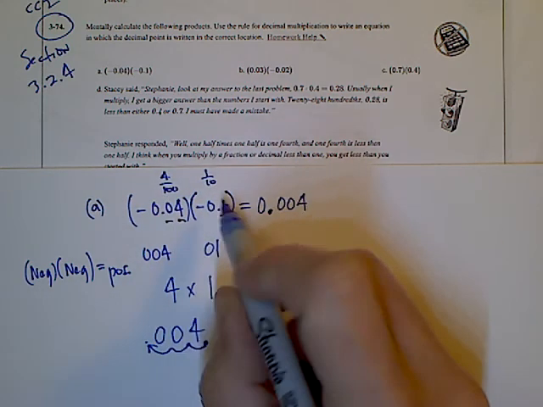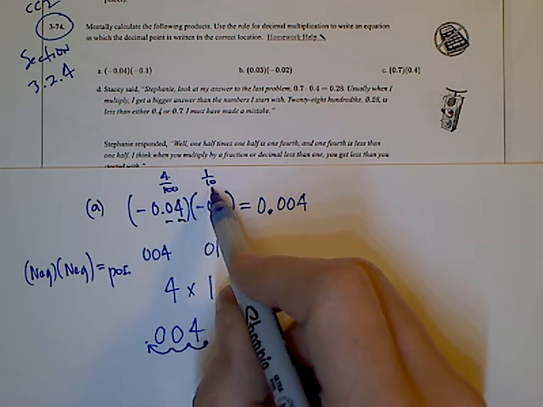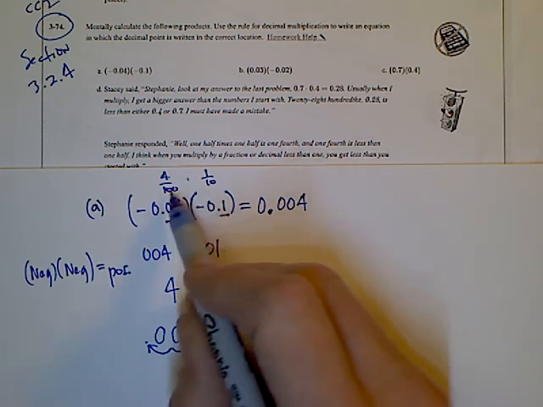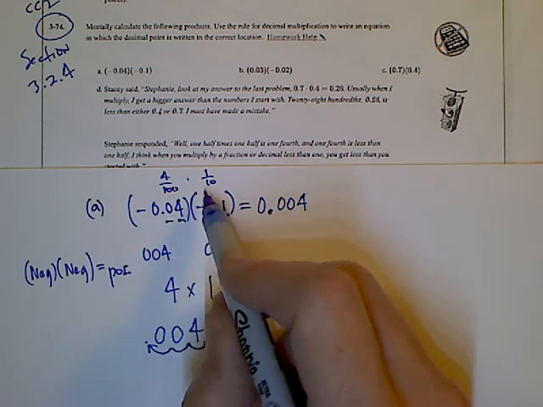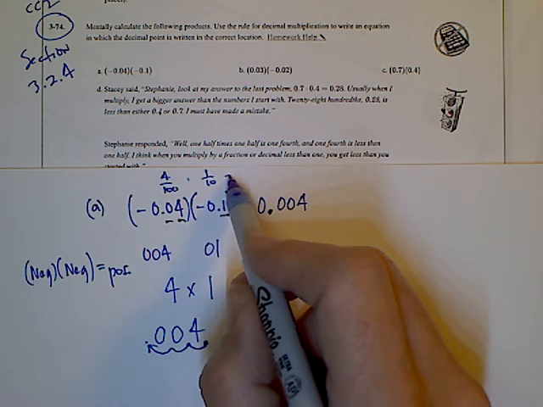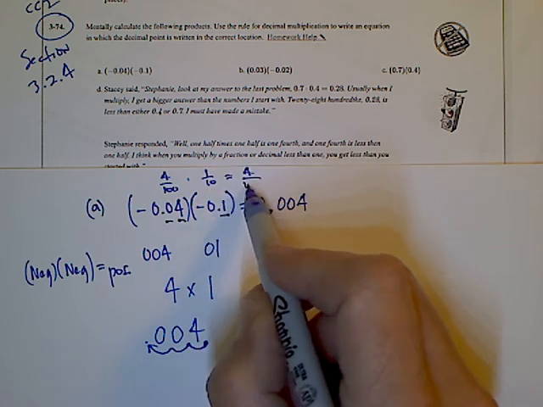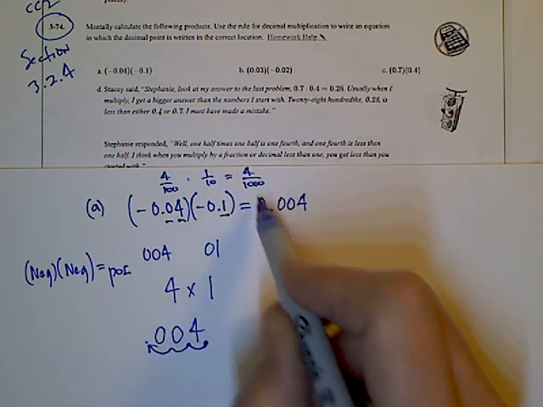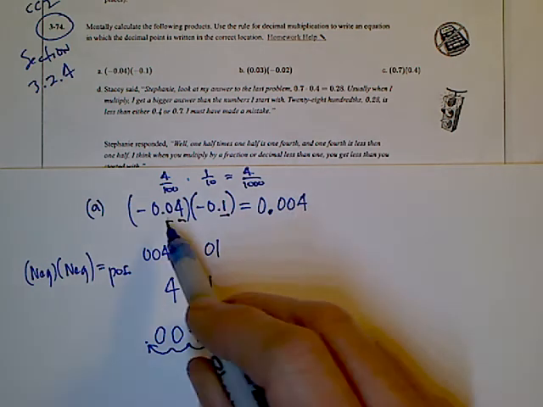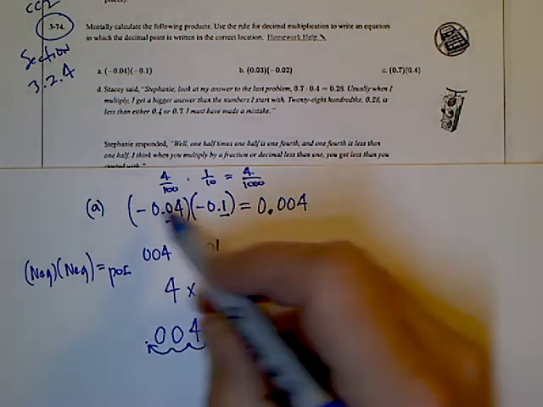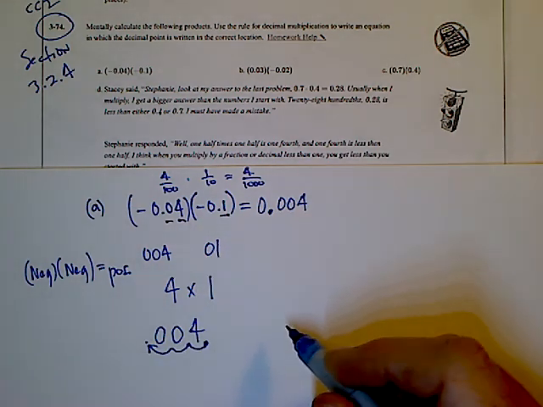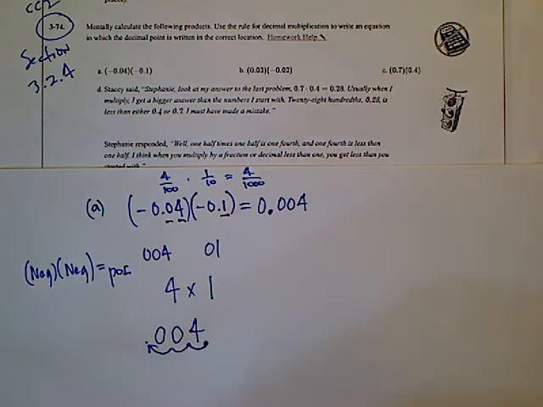When you multiply that, what's going to happen in the denominators? 100 times 10 is 1,000. So as a fractional value, this is 4/1000ths, and that's what I just wrote. So that's the process, or algorithm, of multiplying decimals mentally.